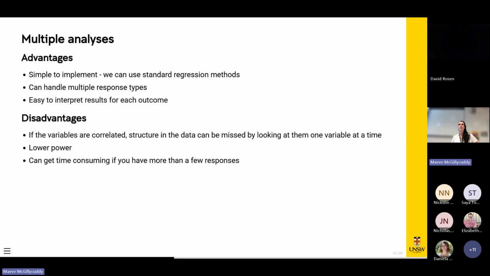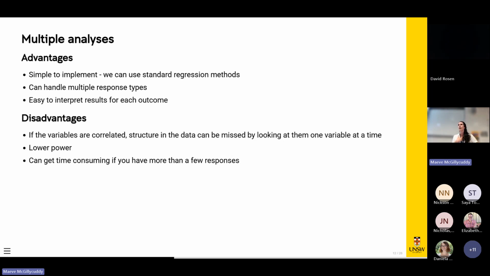So why would you use this multiple analysis approach? Well, again, it's simple to implement because we're using our standard regression methods that you might have learned in Intro to Stats. And the other thing is it can easily handle multiple response types.